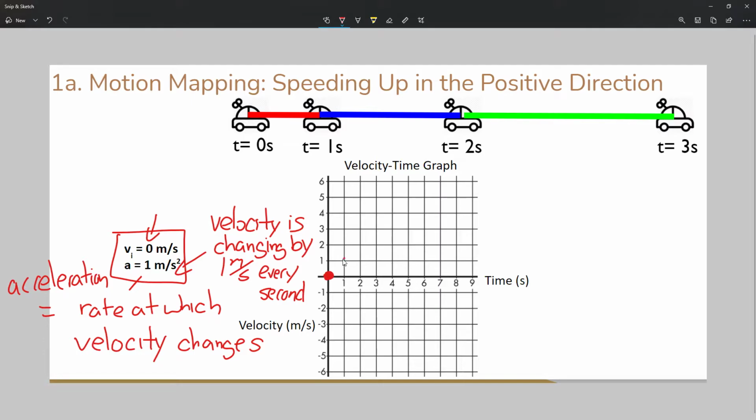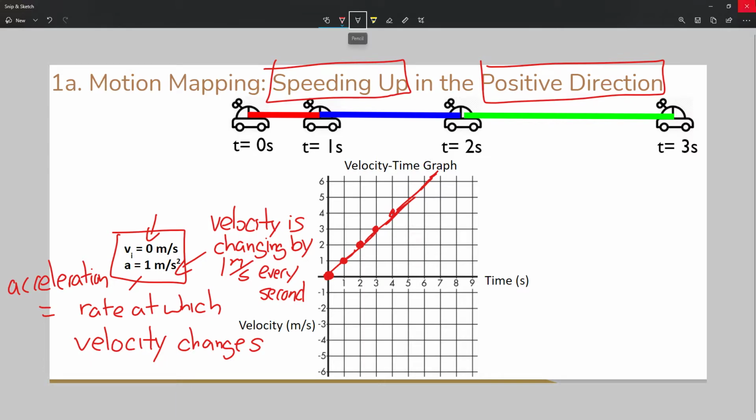Well, the next number is 1. The next second, your velocity increases by 1 meters per second, so your velocity is 1 meters per second now. If every second you increase by 1 meters per second, where are you at 2 seconds? You're at 2. Then the third second 3, and the fourth second 4, and now you have a straight line. And so this is what it looks like for an object that's speeding up in the positive direction.